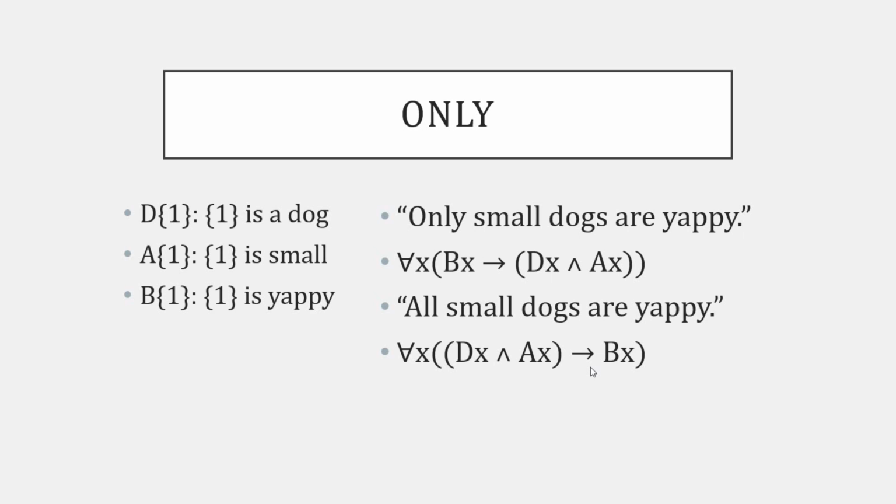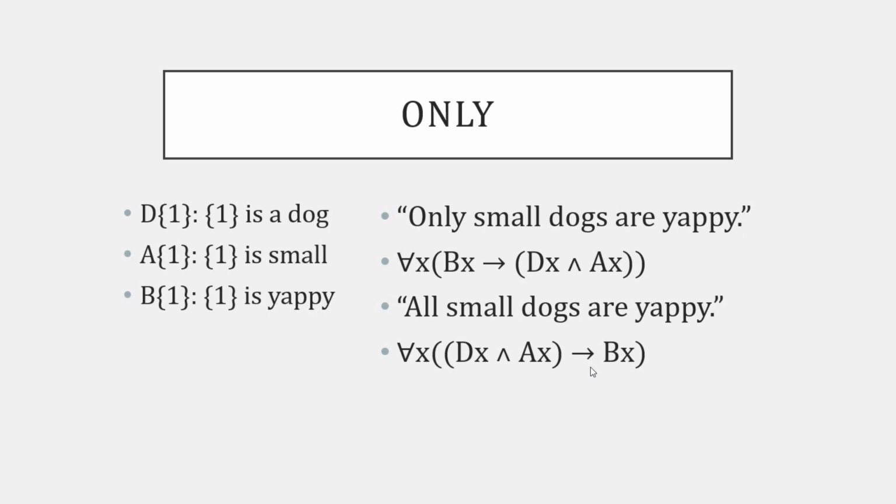So of all the things, only small dogs are yappy says if it's a yappy thing, then it's a small dog. It's a false sentence, right? There must be yappy things that aren't small dogs, right? Anybody got a yappy cat? You don't really yap. Anyway.